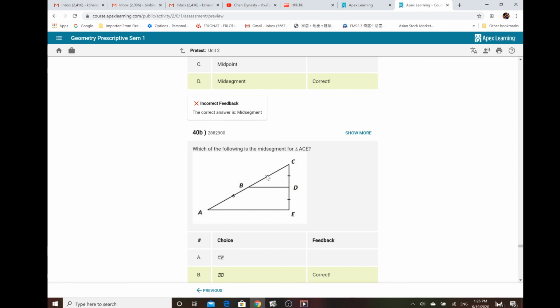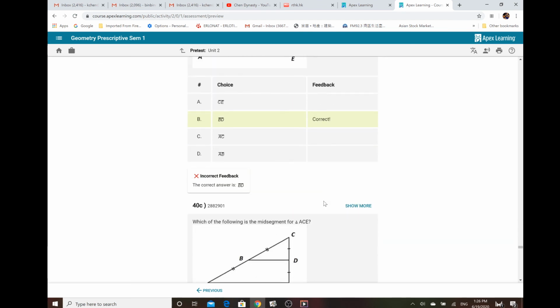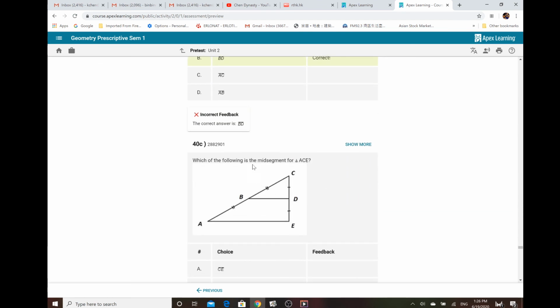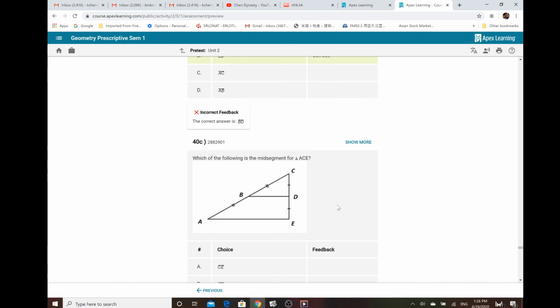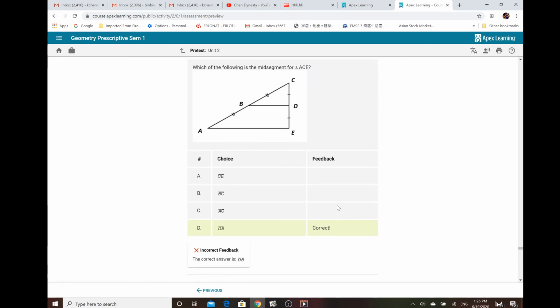Anytime I see something being cut halfway through and connected with two points, that line segment is considered the midsegment. So which one is the midsegment of triangle ACE? Obviously, it's segment BD. It's also segment BD or DB.